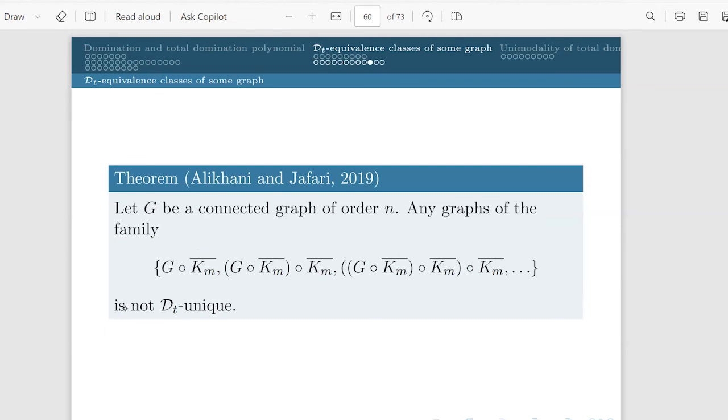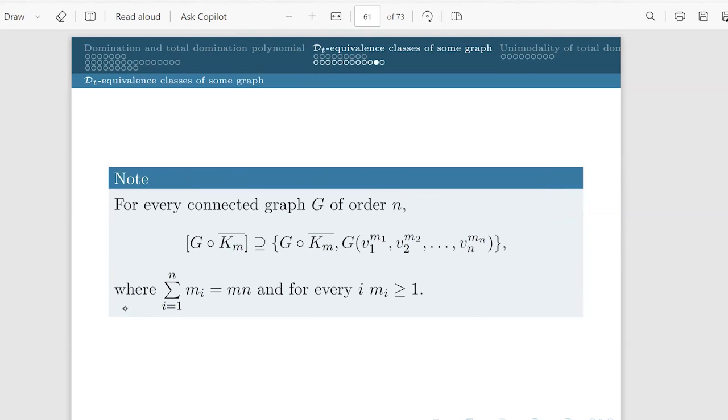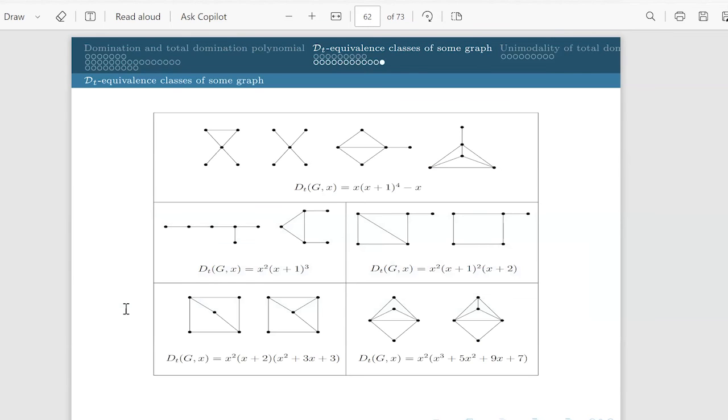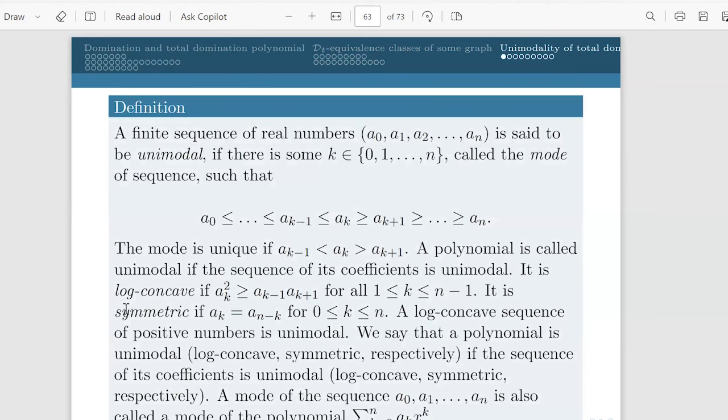So this family contains many graphs that are not DT unique. And also you see here that the class of G with K_m overline contains the sun-like graph with itself. Okay, another, I think this is the last section.